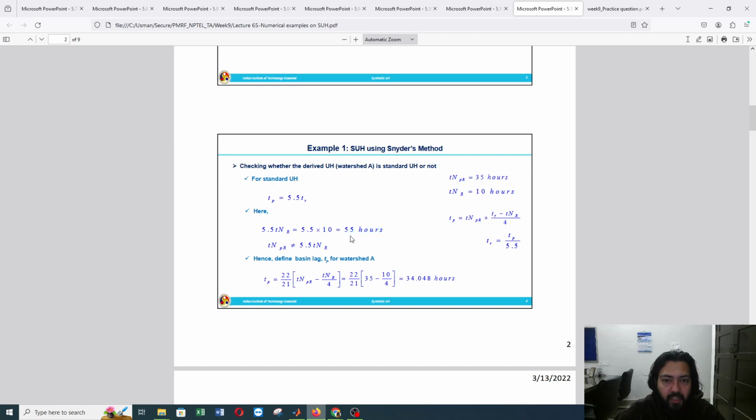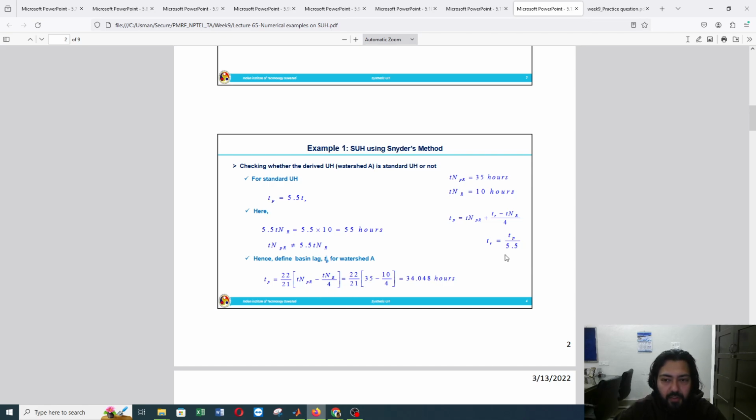So from this we can say that the unit hydrograph of watershed A is not of a standard duration. So we can correct the basin time lag. We have to make some changes in order to make this 55 hours approximately near to 35 hours. So we make this correction by this equation: 22 by 21 times the basin time lag that was given to us minus the duration of rainfall divided by 4.